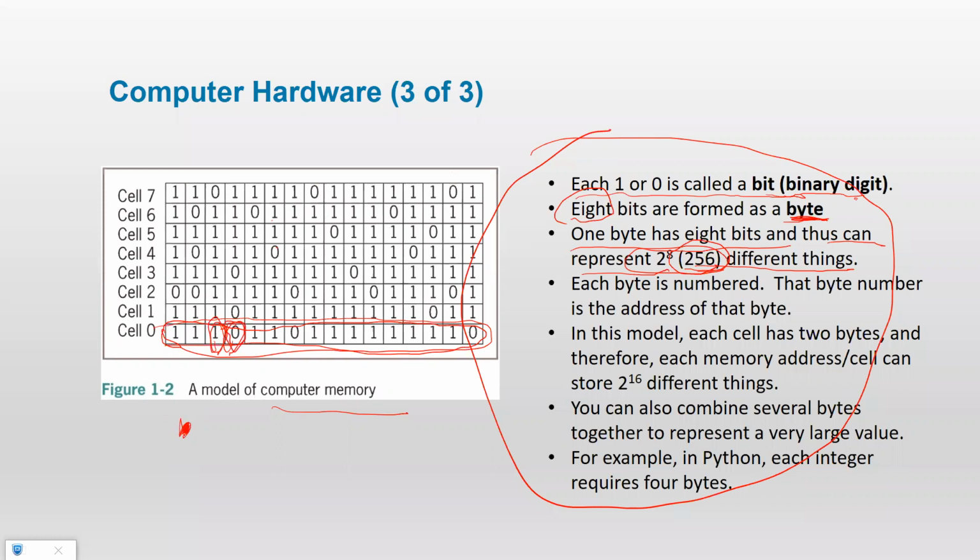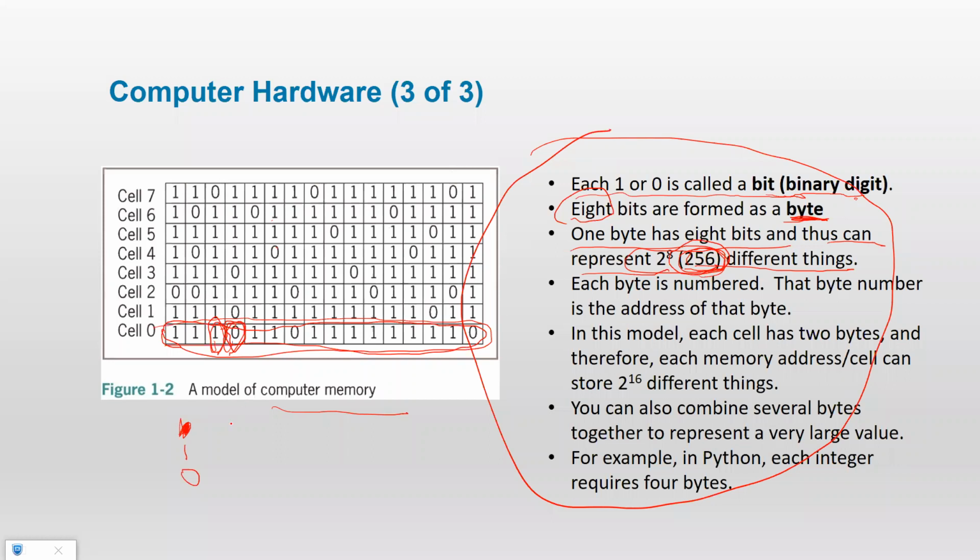Two different things. It can be 1 or 0, right? So 1 bit can only store 2 different things. A byte, which is 8 bits, can store 256 different things. That means ones and zeros can change and you can form 256 different patterns.